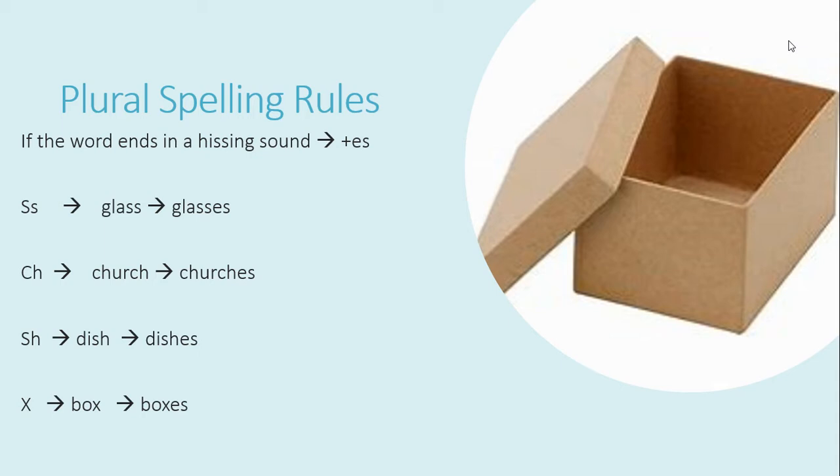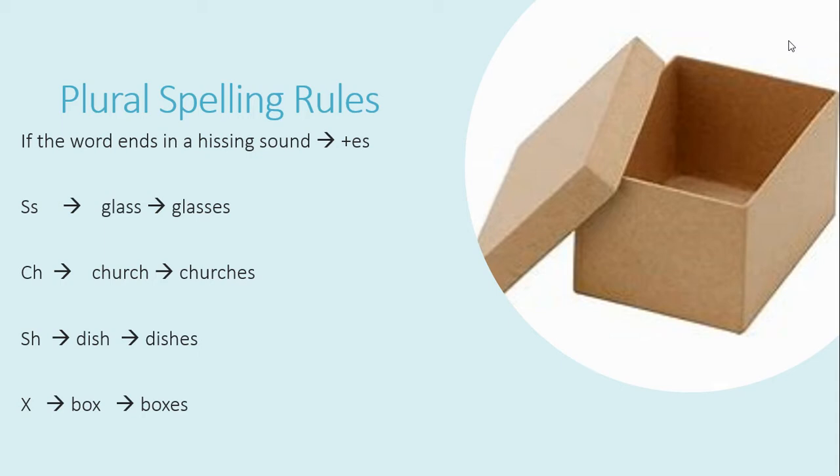But when we want to talk about more than one of those things, we call that a plural. Plural spelling is really, really important for you, not only in your writing, but also as part of your assessment, you will get tested on your ability to turn a singular word into a plural word. So you do need to know some of these common patterns that we would come across.